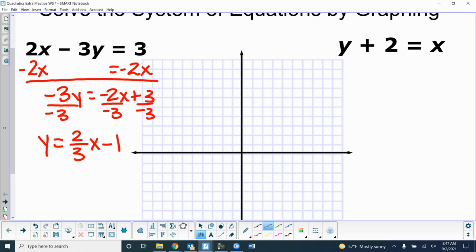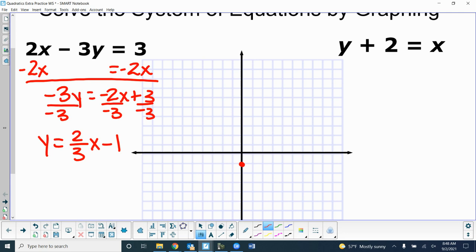So then, what do I do to graph this now? It's in slope-intercept form, right? Where do I start? Right. On the y-axis, -1. Right there. Then what? Rise and run, right?